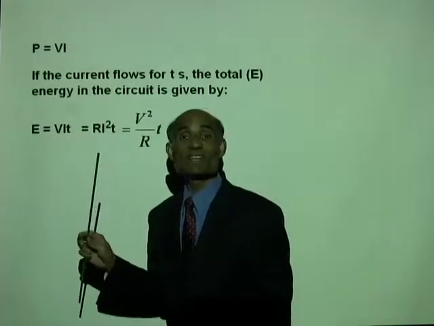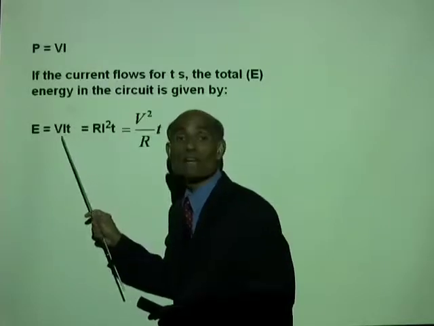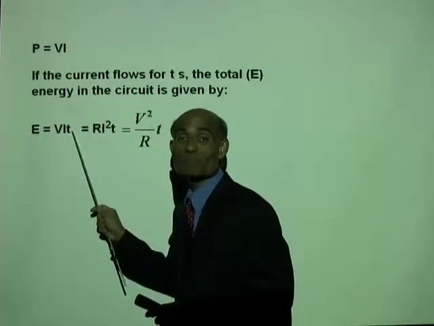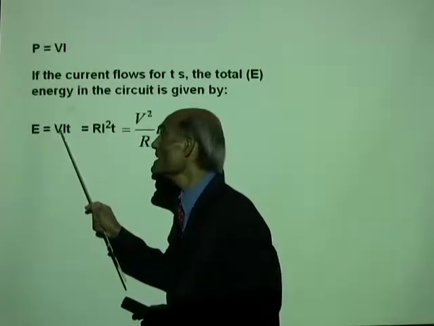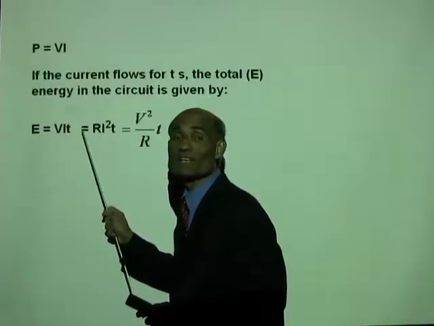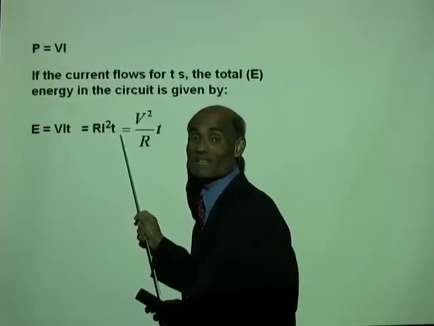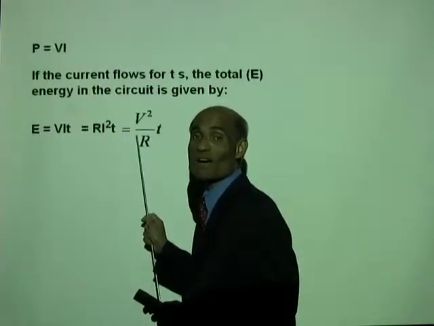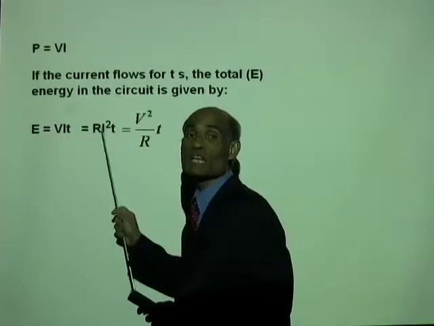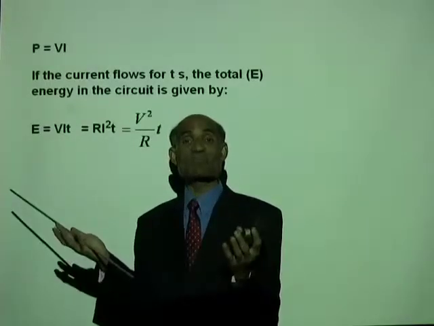The energy in an electrical circuit when current flows for a time T seconds is VIT. It is the same as RI squared T. It is the same as V squared over R times T. Three different forms of the same equation.